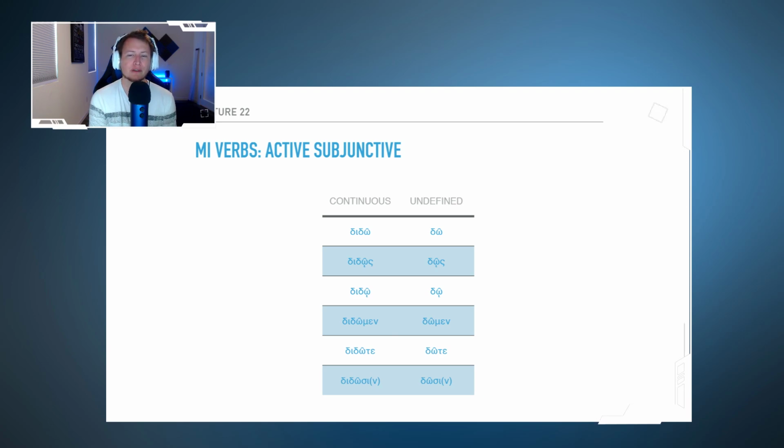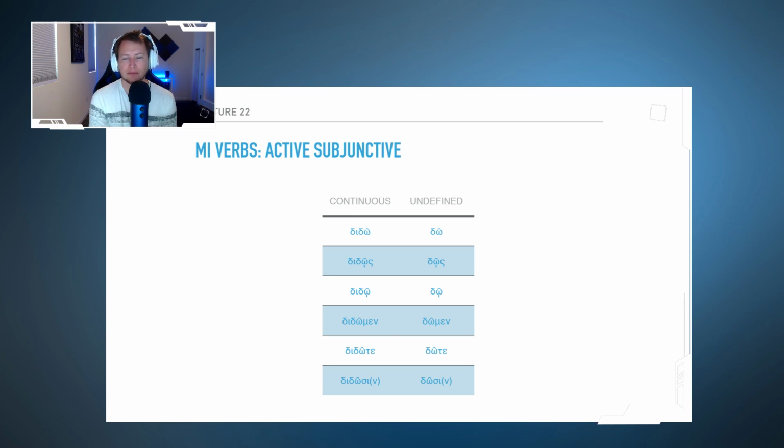When we're dealing with undefined, the reduplication does not occur on the tense stem, right? Didōmi's tense stem is do. So to form the present active indicative, you take the delta, you duplicate it, and then you add an iota to separate it. Didō. Okay?